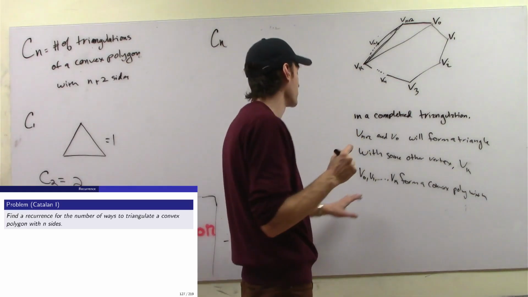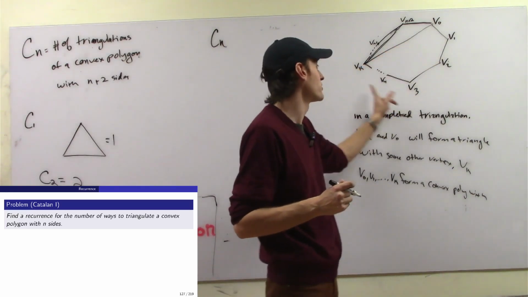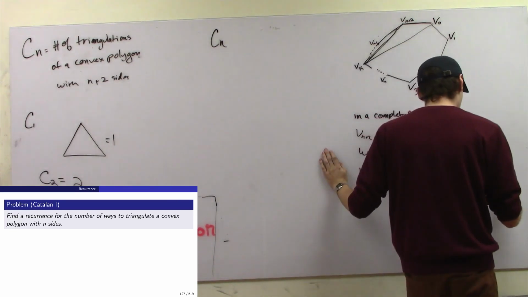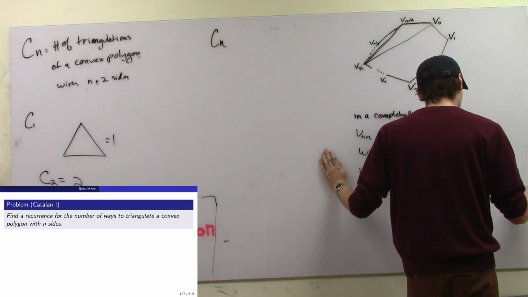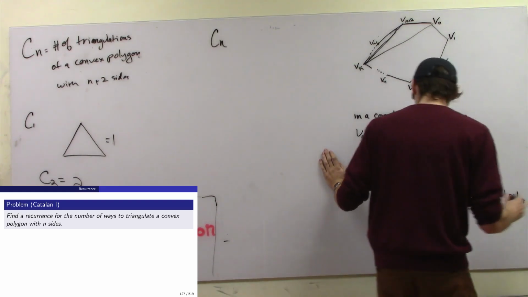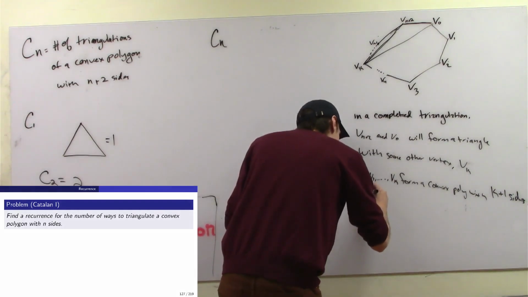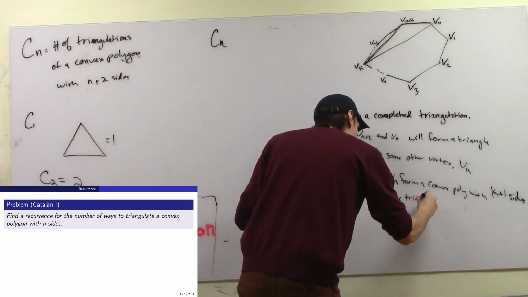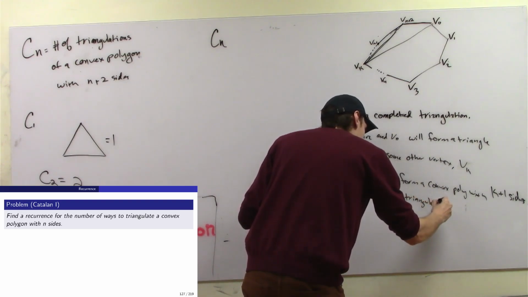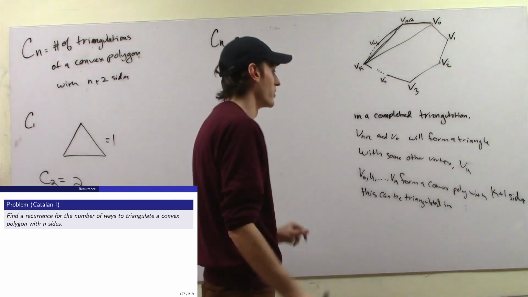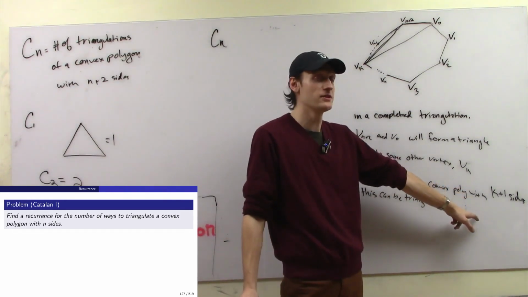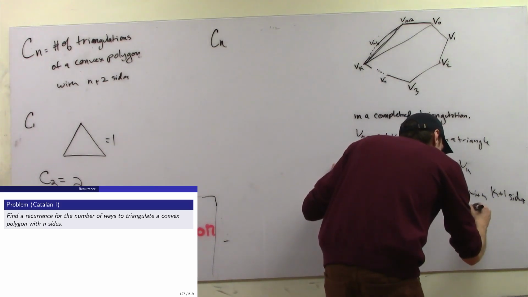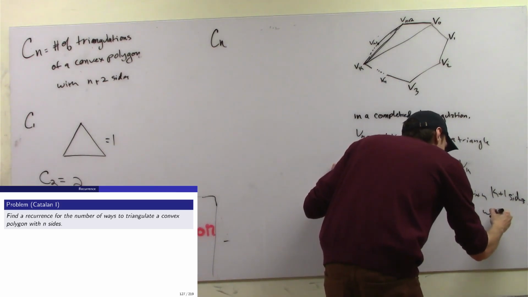They form a convex polygon with, okay, there's k plus 1 vertices, so there's k plus 1 sides. This can be triangulated in how many ways? A convex polygon with k plus 1 sides can be triangulated in c sub k minus 1 ways.